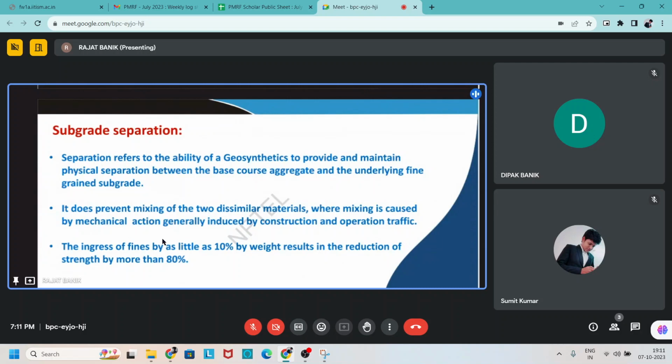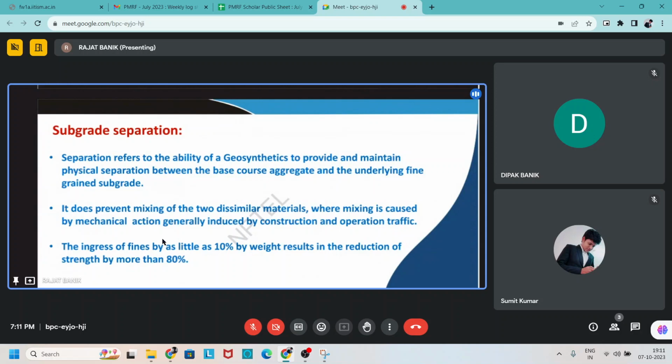And we know that one point is noted here: by mixing of fines of 10%, the reduction of the strength is more than 80%.